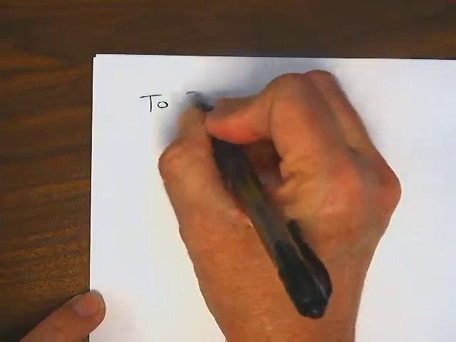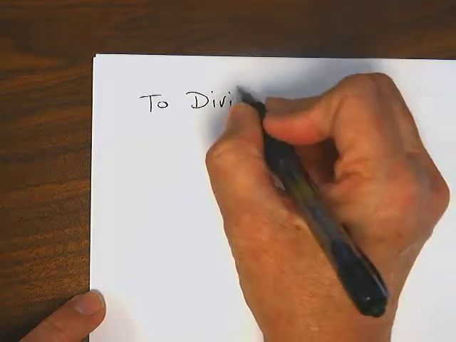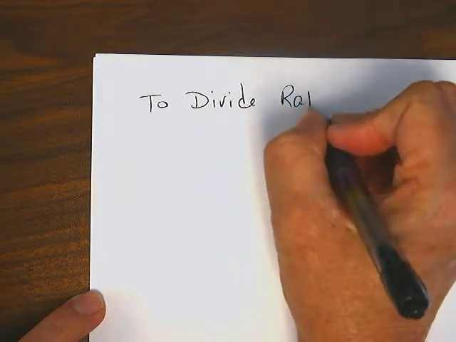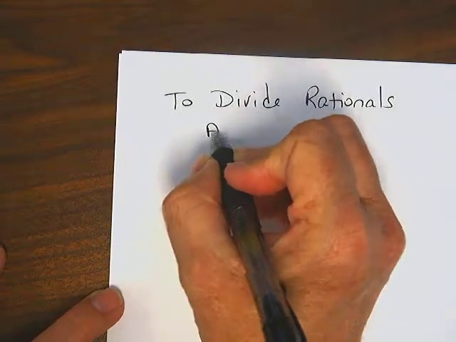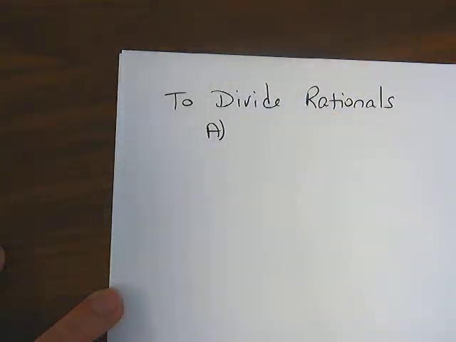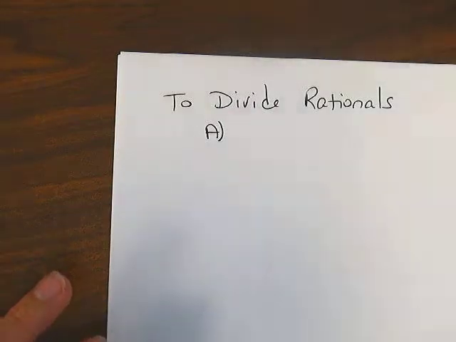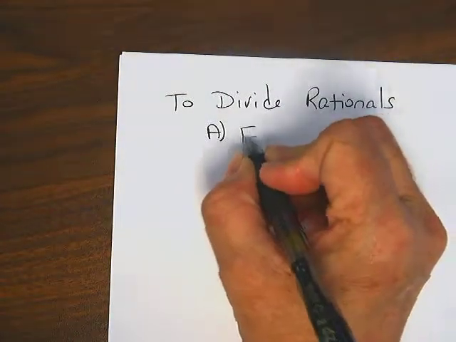Okay, so to divide rationals, let's step A or 1, whichever you prefer. We need to factor completely.